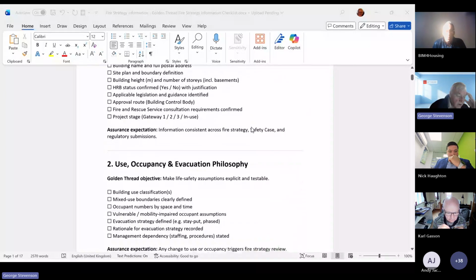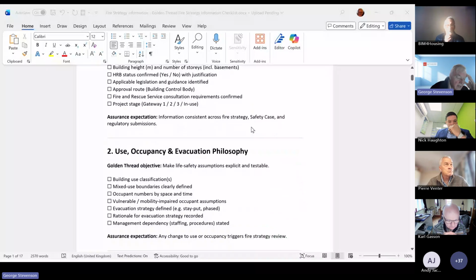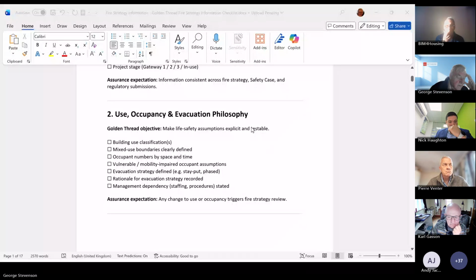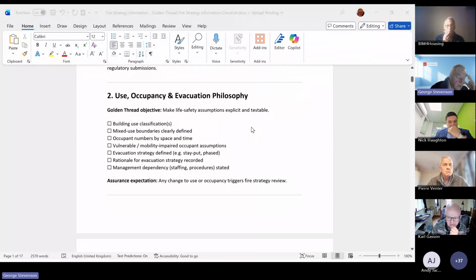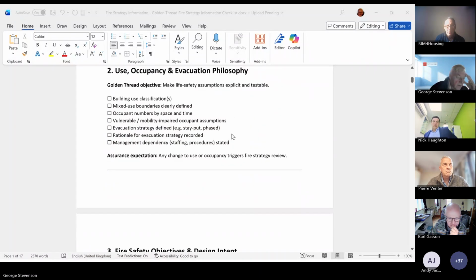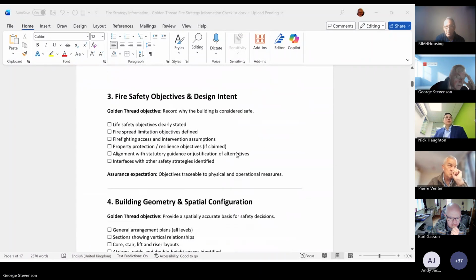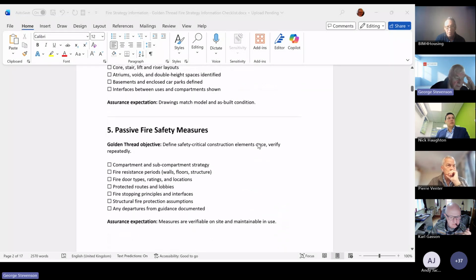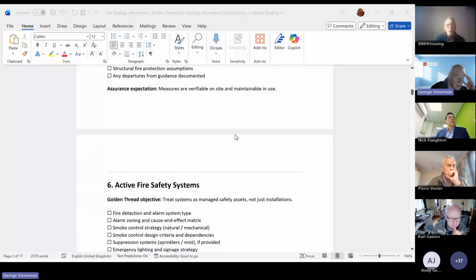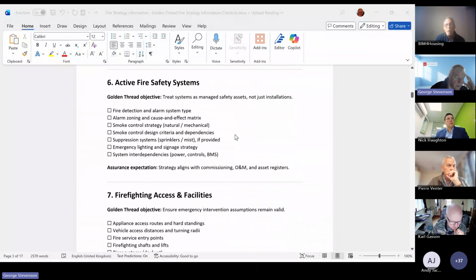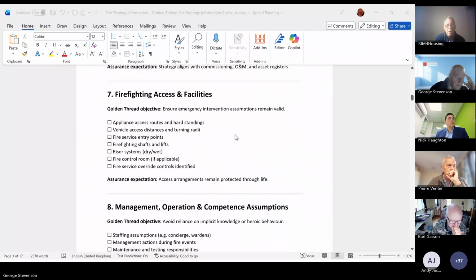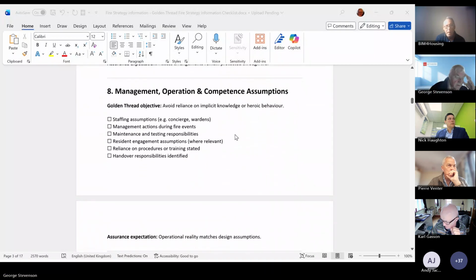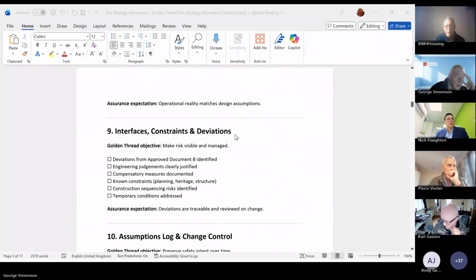We've got occupancy, the design intent, the key spatial information, passive fire measures, active fire measures, firefighting access and facilities, management and competence, interfaces, changelog, which is perhaps covering what Andy was talking about earlier, handover.